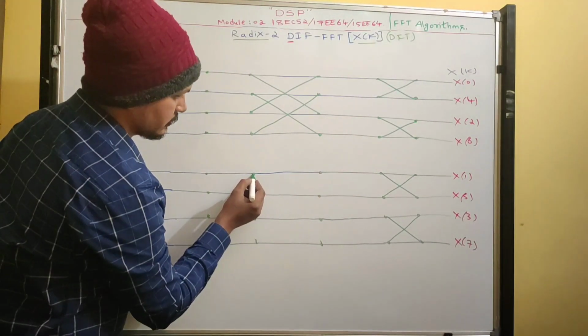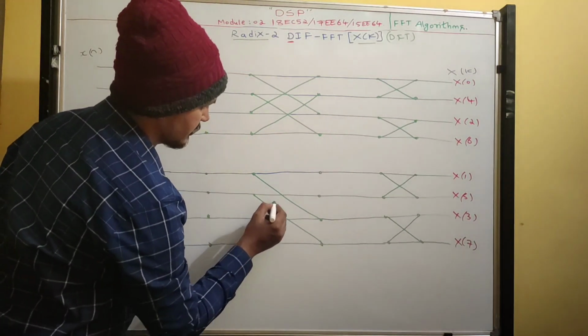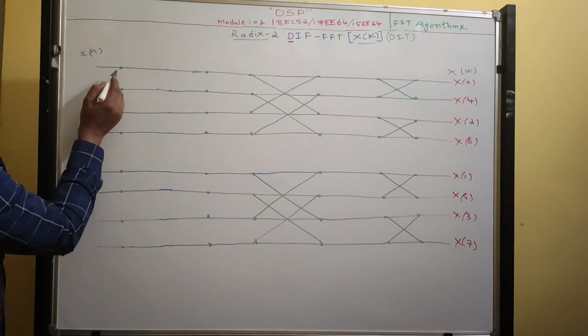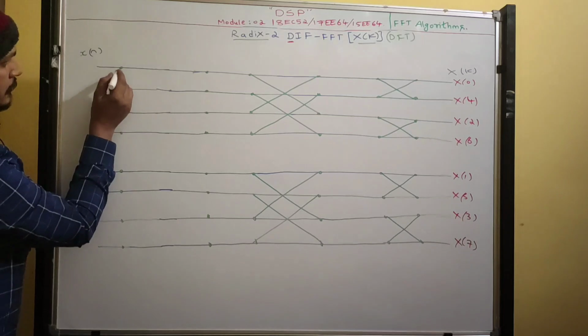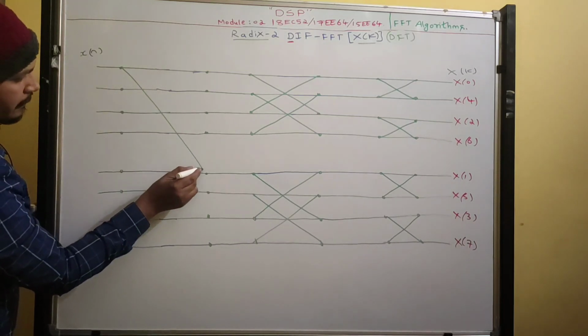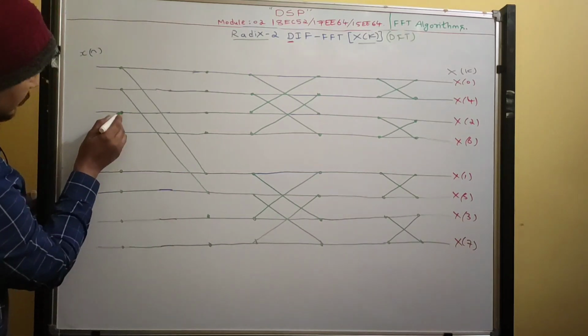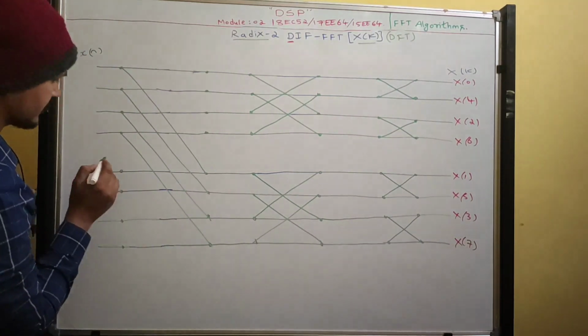So the 4-point butterfly. Then 8-point: from here to here you connect it, 4, 4 set. You should write as neatly as possible. This is the way you should connect it.